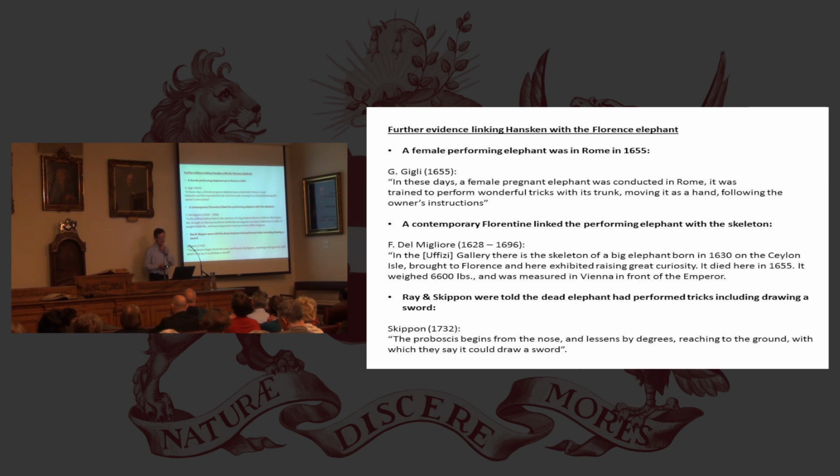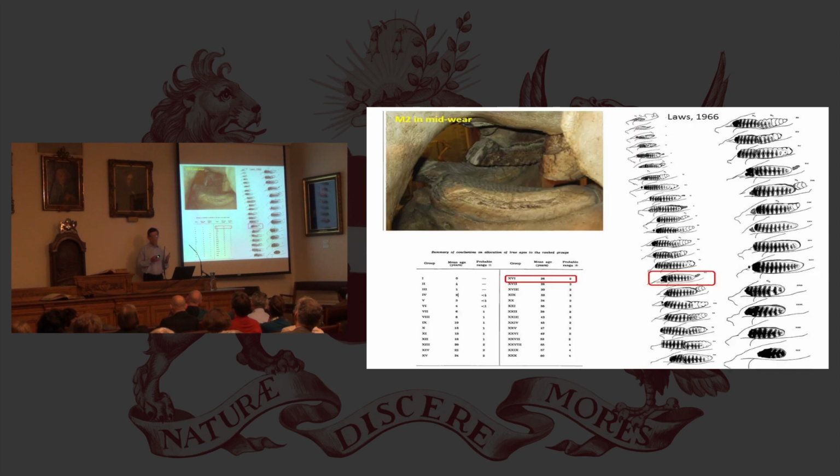And then finally, another point from Skippen, which I hadn't mentioned before, that when they were shown the skeleton and the skin in Florence, they were told that when alive, the animal had been able to do all these tricks, including drawing a sword and all that. So I think there's quite a lot of evidence, partly apocryphal, but seemingly linking Hansken with the Florence skeleton.